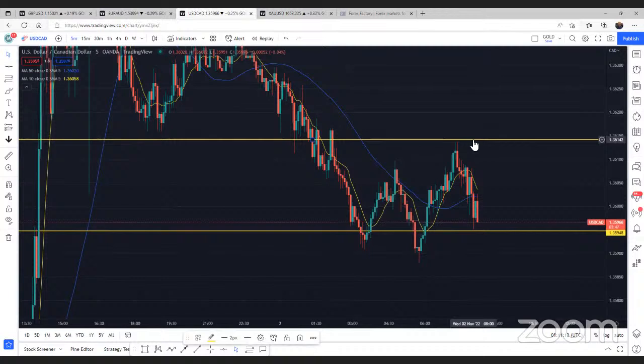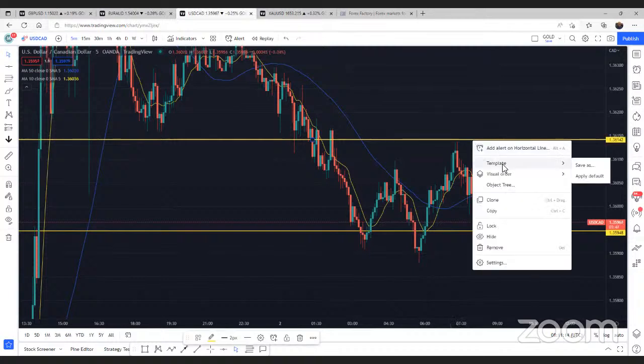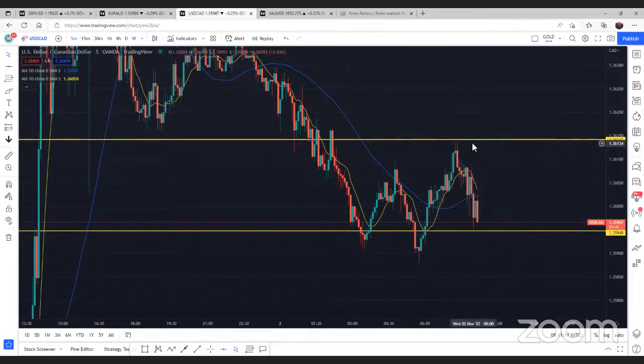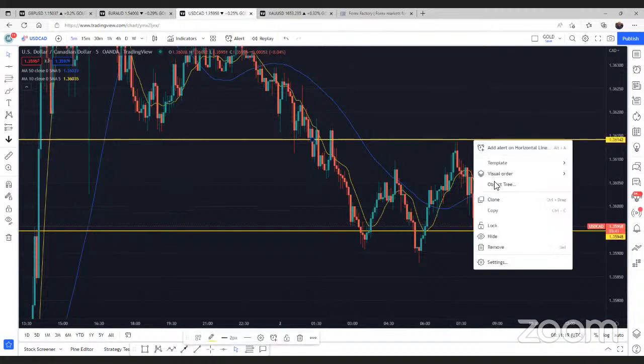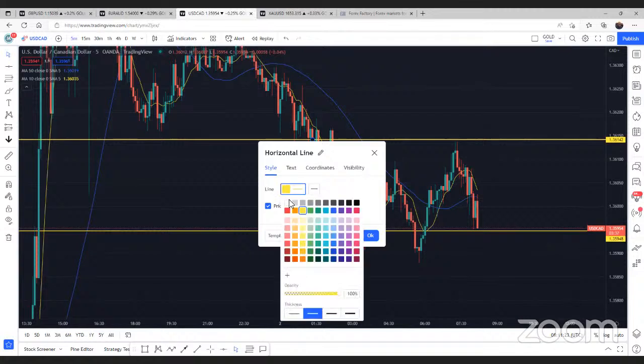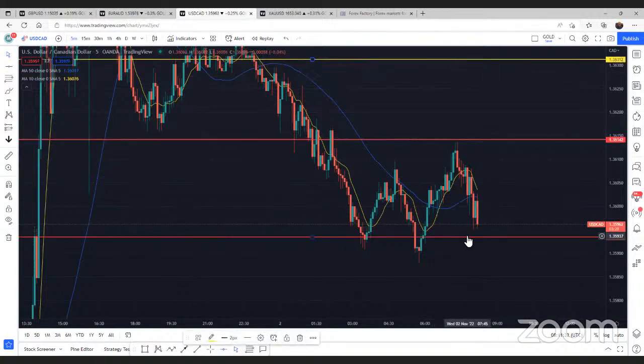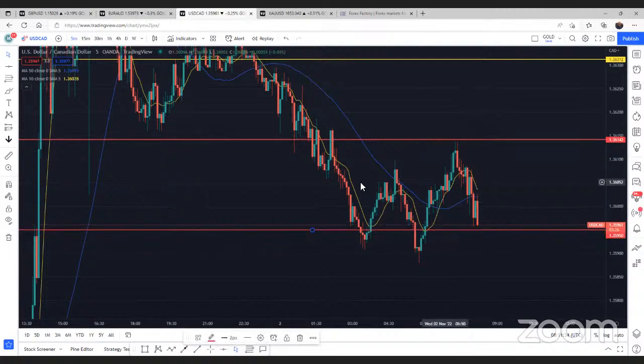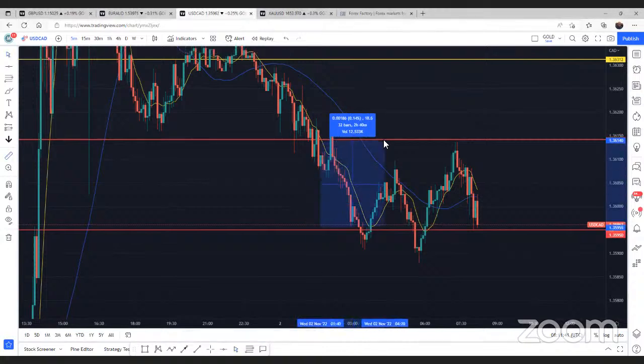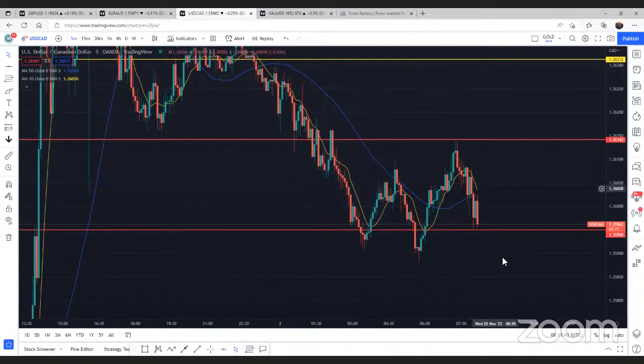So as usual, you can see I have drawn out, I'll change the color for this. There are two red lines there, indicating where I would preferably want the price to come out of before I'll be looking to get a trade.